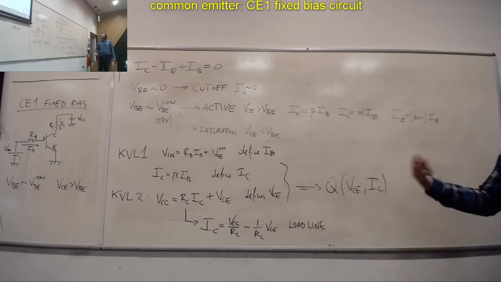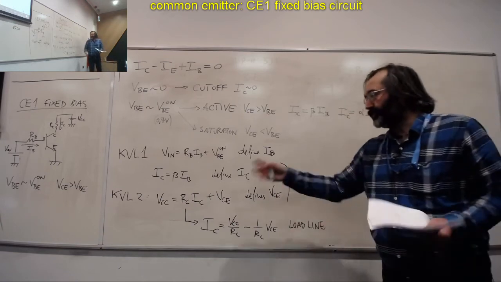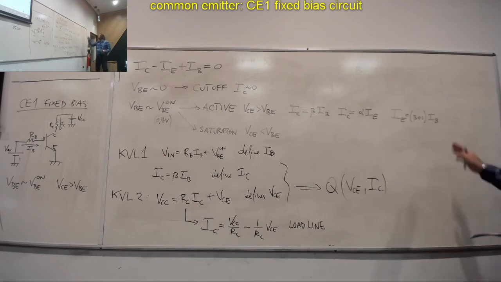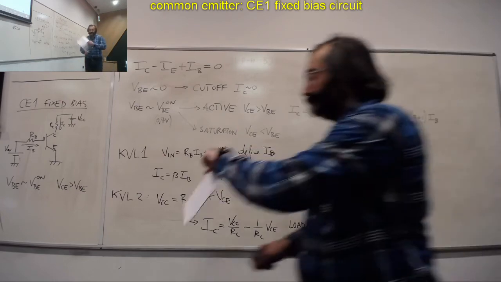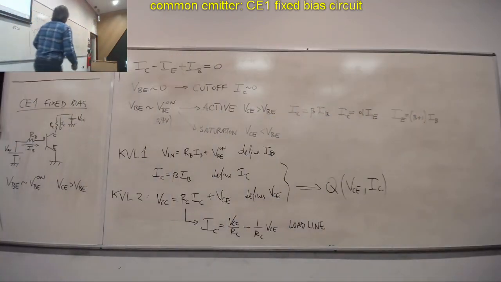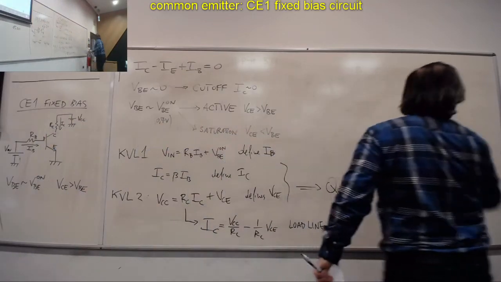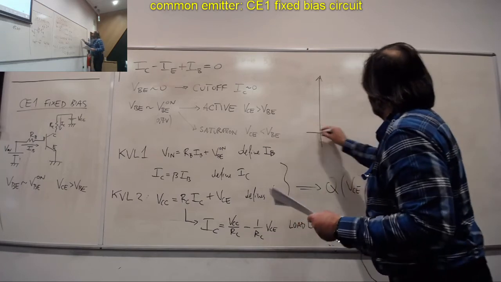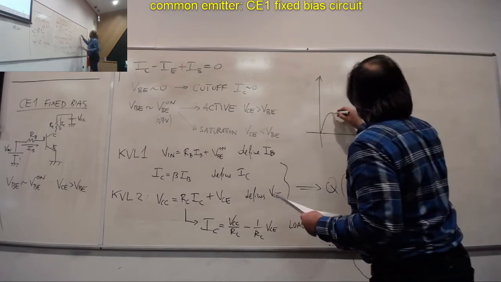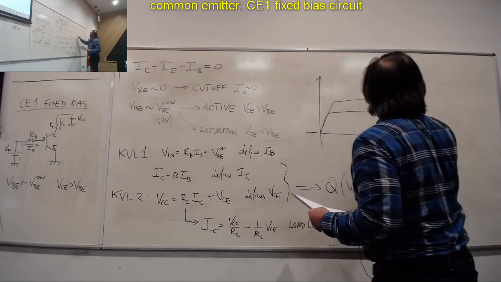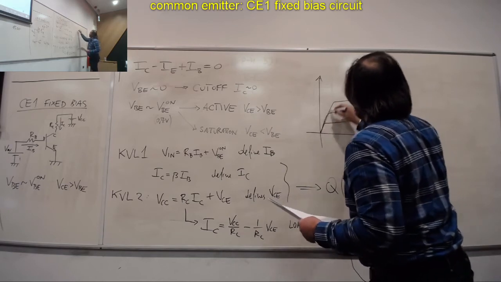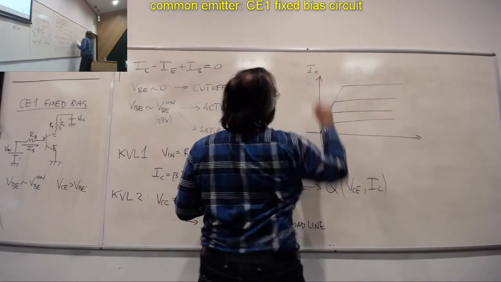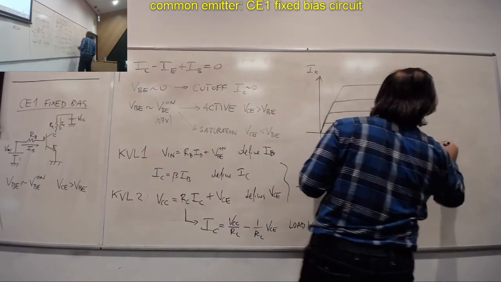One more thing I could do at this point, just to continue the approach, is to draw the characteristics we had drawn previously. So this is IC, VC.